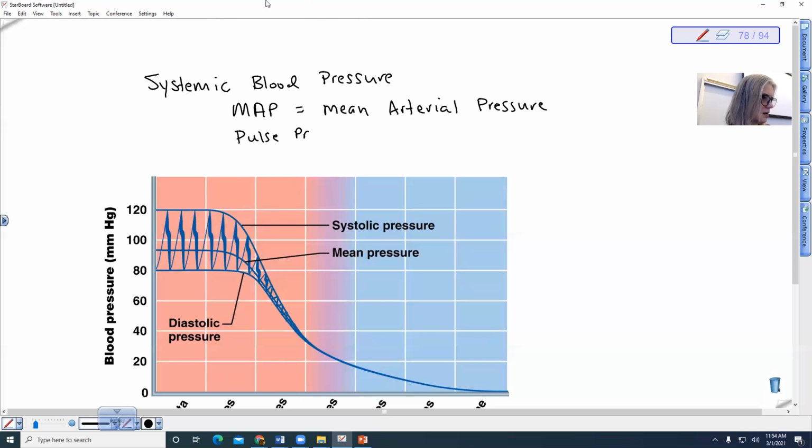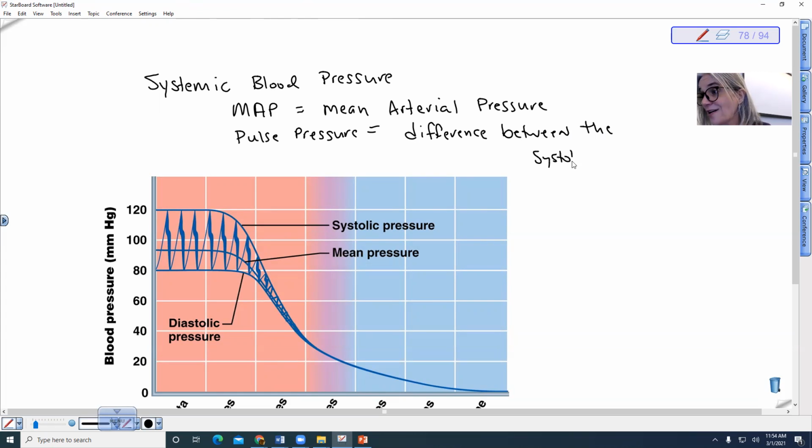This is the difference between the systolic and diastolic pressure.